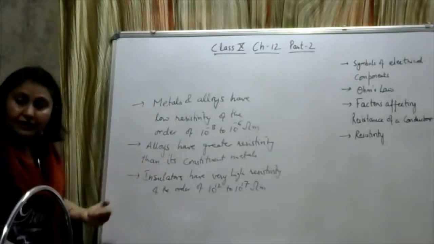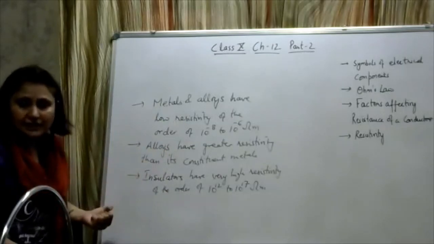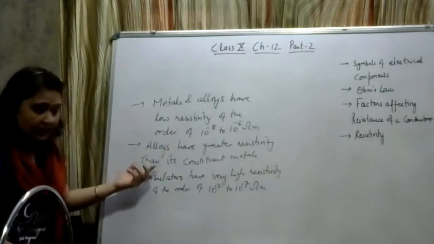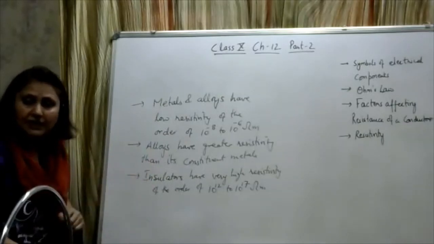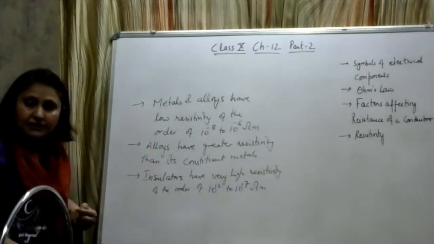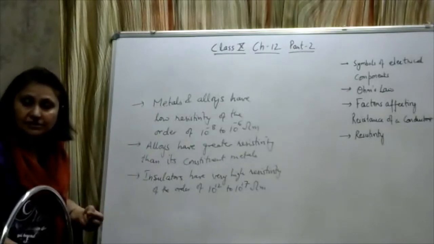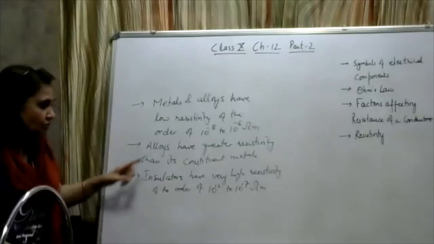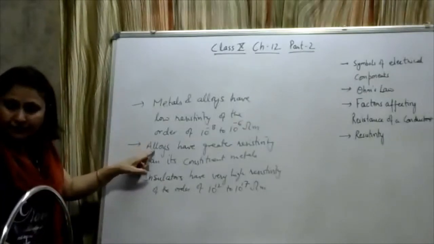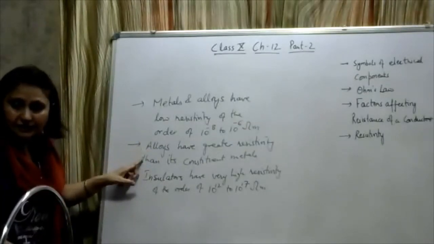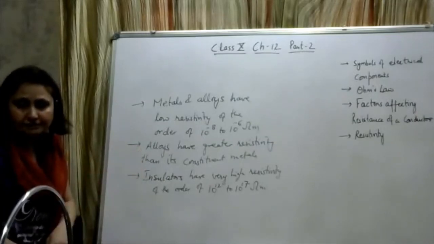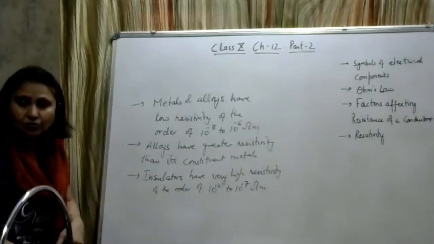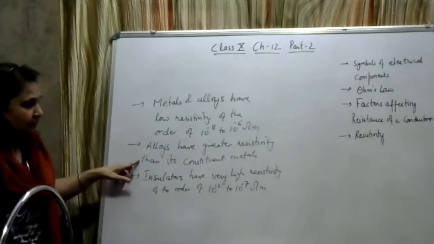That is why alloys are used as heating elements, because they have a high resistivity and also they do not oxidize at very high temperature. Heating devices like electric geysers and electric heaters use heating elements made up of alloys, because they have a greater resistivity and also they do not burn at very high temperature. That is, we can say that they do not oxidize at very high temperatures.